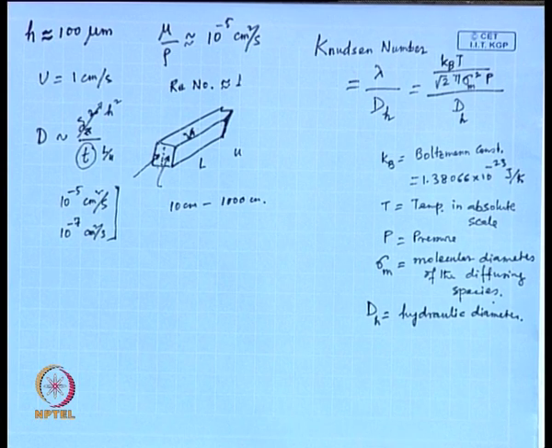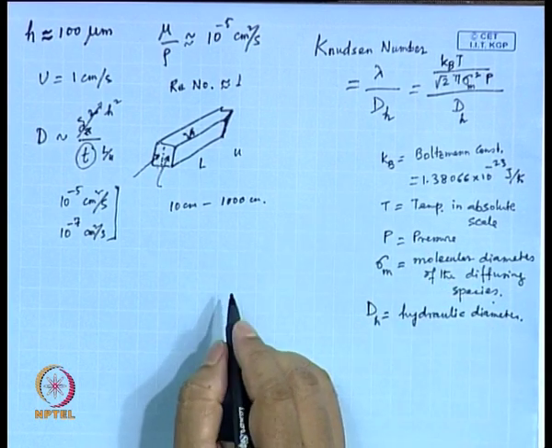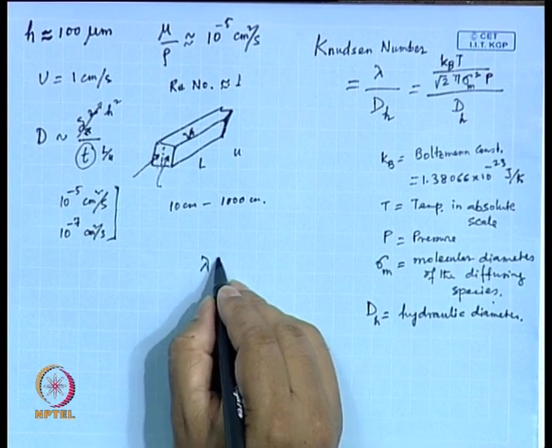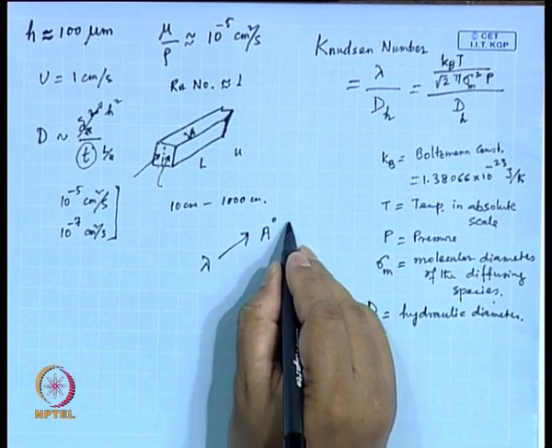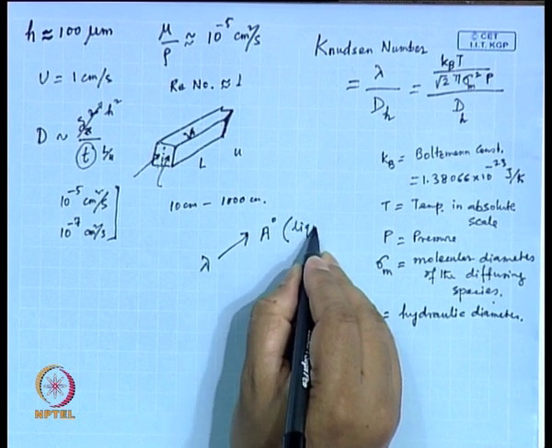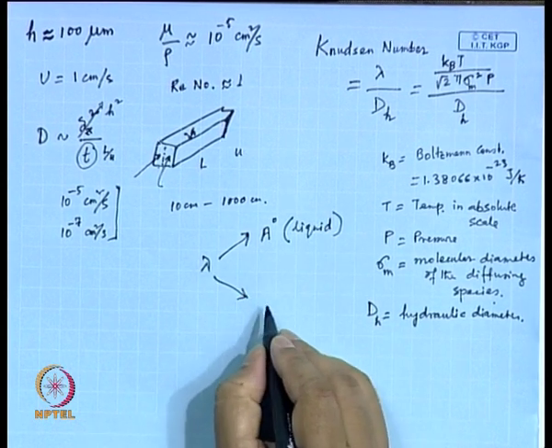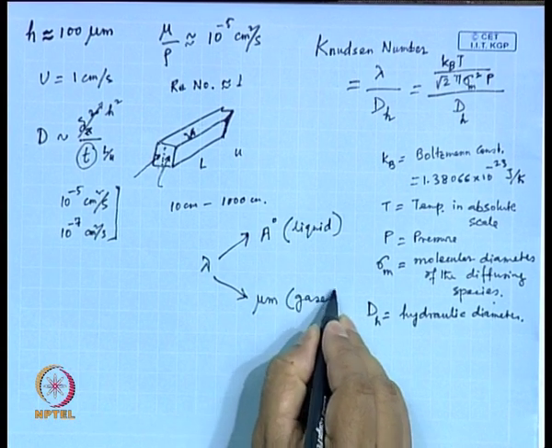Now, if you look at the values of this lambda in case of a gas and in case of a liquid, for liquid it is of the level of angstrom, and this is of the level of micrometer for gases.